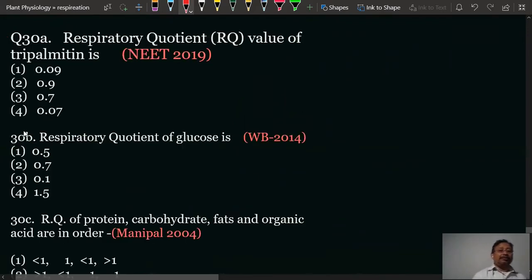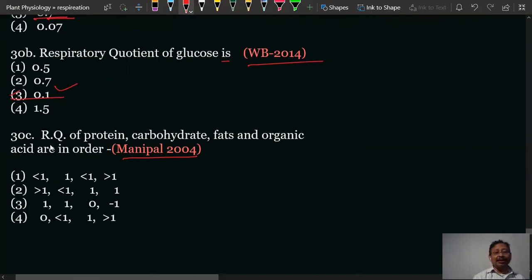Question number 30. This is based on the respiratory quotient, and this question is frequently asked. You can see from here that question 30A, respiratory quotient value of tripalmitin is, it is option 3, that is 0.7, and 30B, respiratory quotient of glucose is 1. 30C, RQ of protein, carbohydrate, fats, and organic acid are in order of, this is option 1.